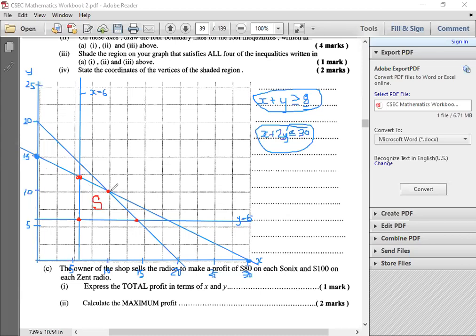So you need to write down all of these coordinates for me. All right, let me go back to the question. So everybody gets this, right? Yes, sir. Everybody write down the coordinates already. No, sir, my screen went blank.